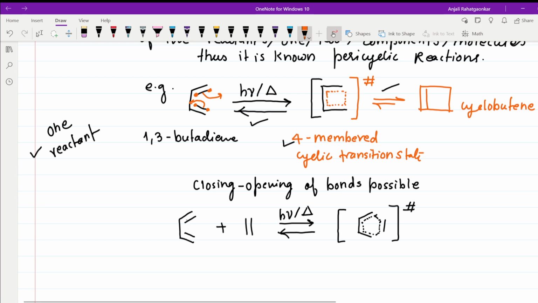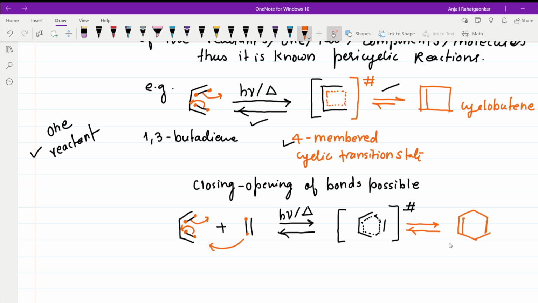Here again I am drawing these two electrons. This is the way the electrons are flowing from one region to another region, and here I am getting the cyclohexene.